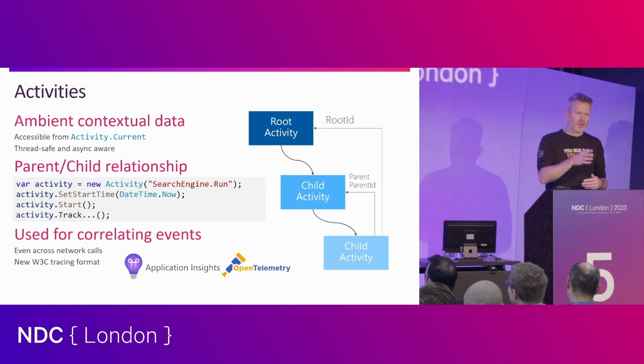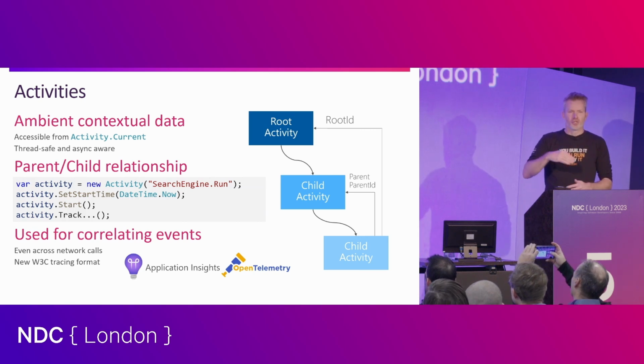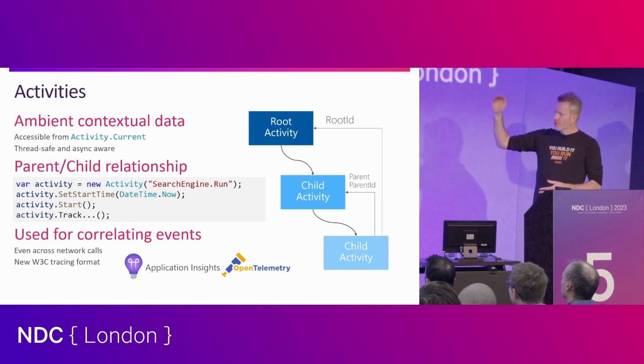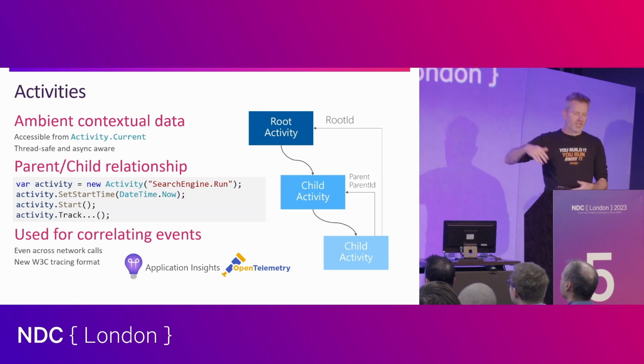So when you create one, even if you do async calls, it will just travel accordingly. And if you ask for Activity.Current, you will get the right one. So no concerns there. With activities, typically you add some metadata to it, and then you say, okay, this activity will start now. And from that moment on, this activity is like a little bubble, and things will happen inside of the bubble. You can spawn child activities, and they are related to one another.